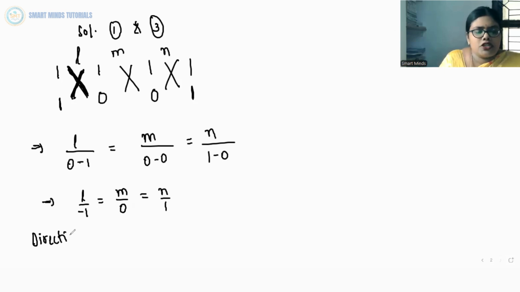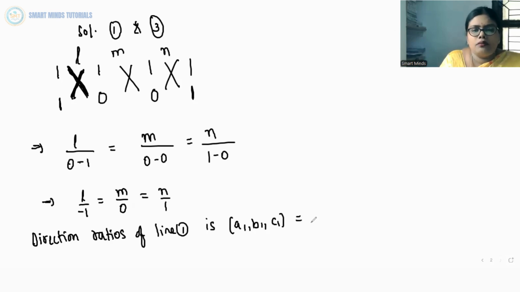You can say direction ratios or DRs, both are one and the same. Direction ratios of line 1 is a1, b1, c1. DRs are always denoted by a, b, c. So that is equal to −1, 0, 1.